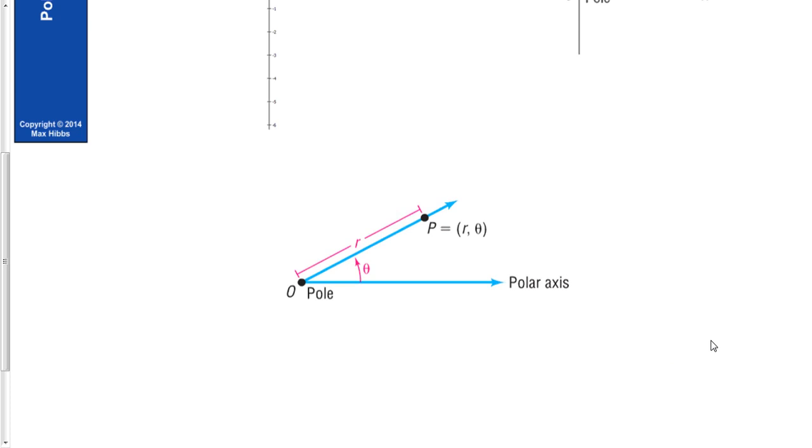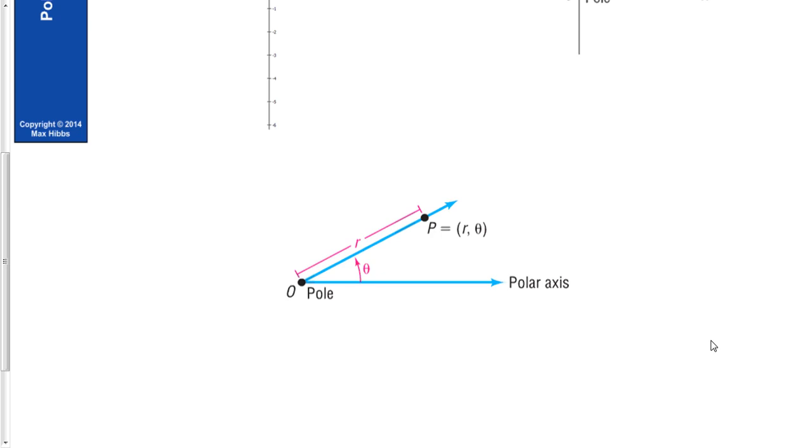The way we indicate a point, as opposed to the rectangular system where we have an x and a y coordinate, a polar point is given by two coordinates as well. One is called r and the other is called theta.